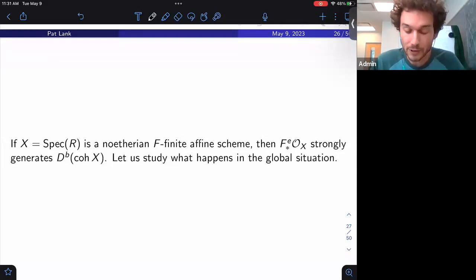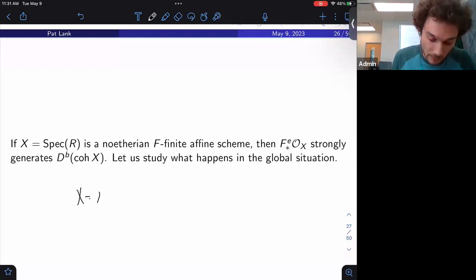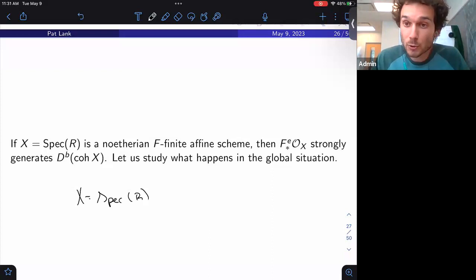So let X be a noetherian F-finite scheme. Viewing X as Spec of R, I can push forward the structure sheaf and always produce a strong generator by using the Frobenius morphism. However, the natural question is, what happens in the global situation?